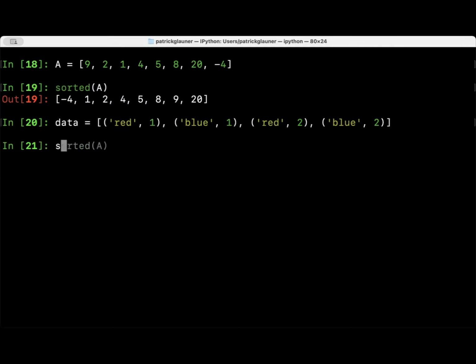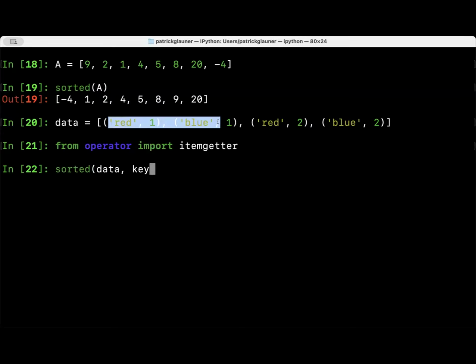And how can we sort something like this? Well, we don't really know. So what we can do is we can specify which of these entries would matter. And for example, in Python, there's an operator module, so you can import an item getter. And when we sort our data, we could say, what is the key?